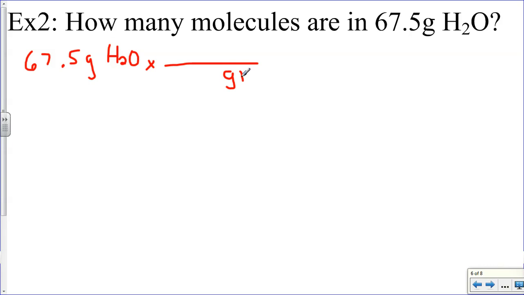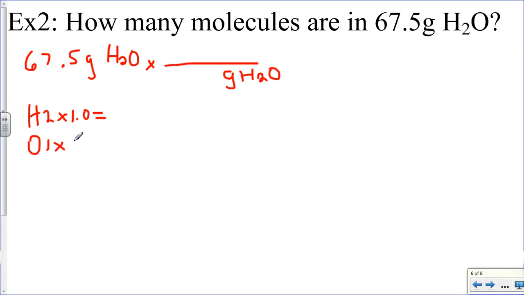My substance is water. And I need a number to go with the gram. Where's that number going to come from? Molar mass, periodic table, 2 hydrogens, 1 oxygen. Atomic mass of hydrogen is 1.0.